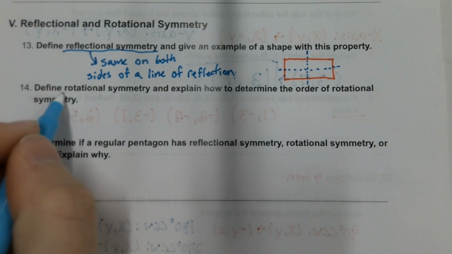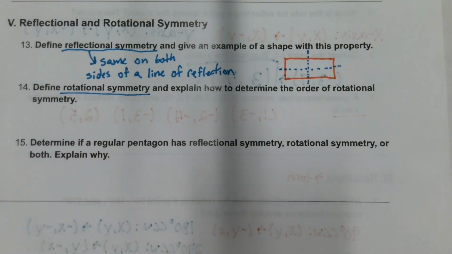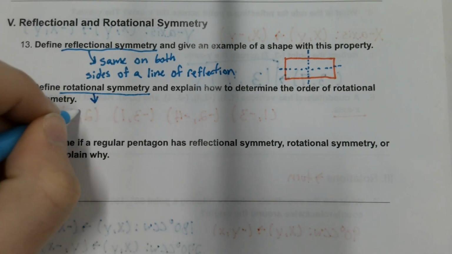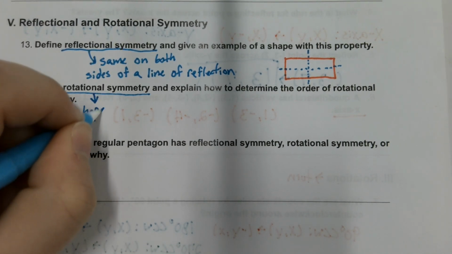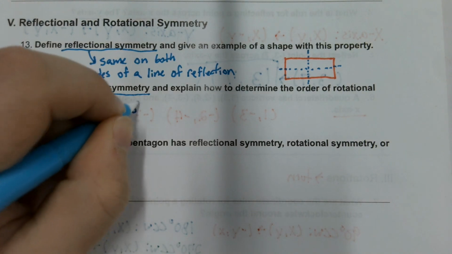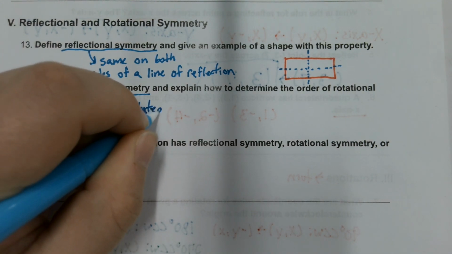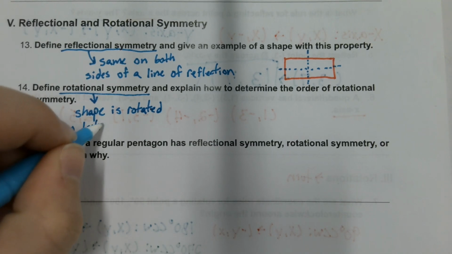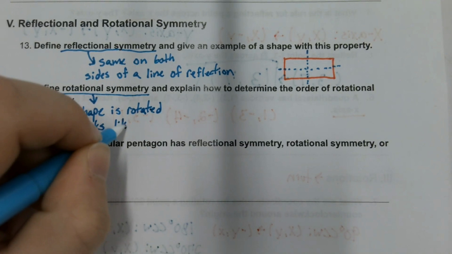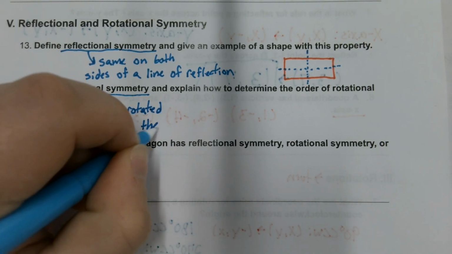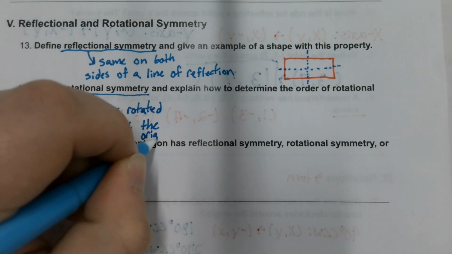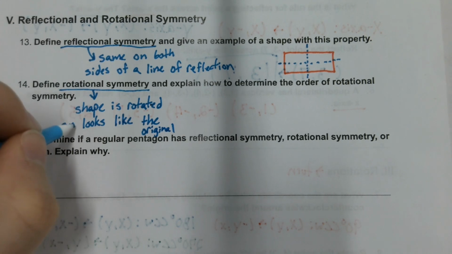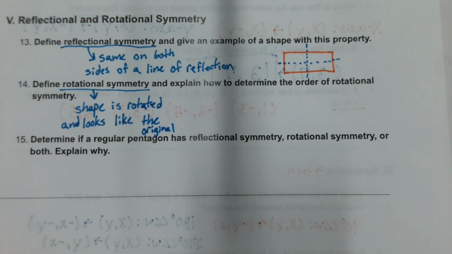So rotational symmetry is when a shape is rotated and looks like the original. So shape is rotated, and looks like the original.